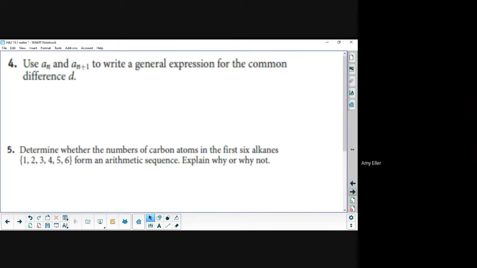Use a sub n and a sub n plus 1 to write a general expression, I would say equation, for the common difference. I'll give you a second to think about that. I need to use these two pieces to write an equation.